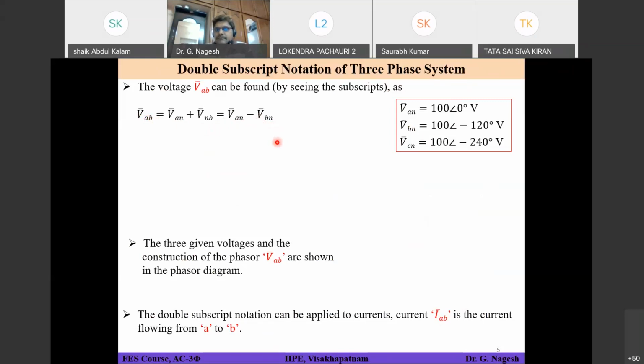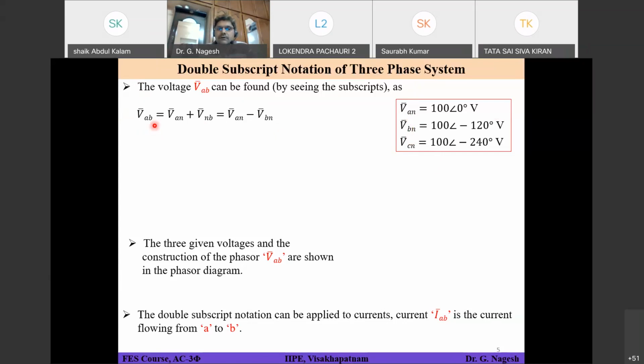Okay, that means the voltage of phase A with respect to neutral you are finding, and the voltage of phase B you are finding with respect to neutral, and the difference of those two, VAN minus VBN, will give you the VAB voltage. Here on the right-hand side I have given the phase voltages, that means the voltage of phase A with respect to neutral, and I am trying to find out the line voltage.